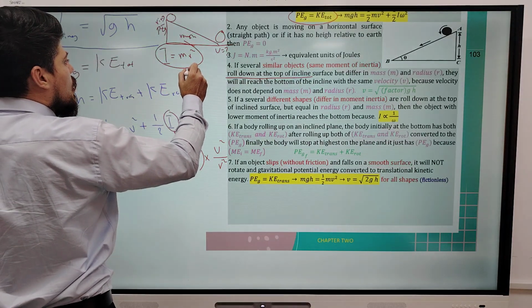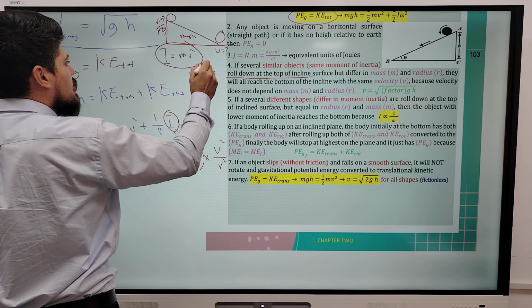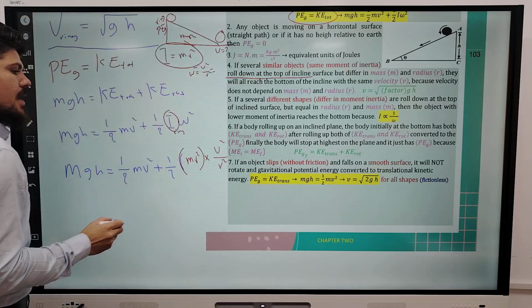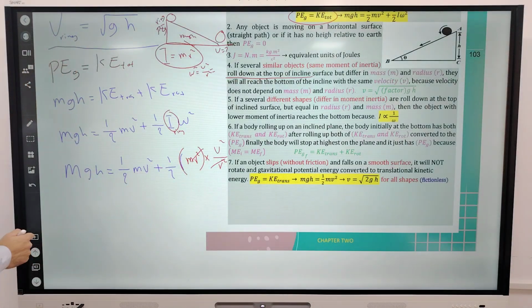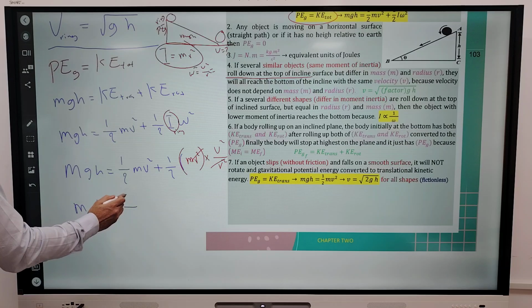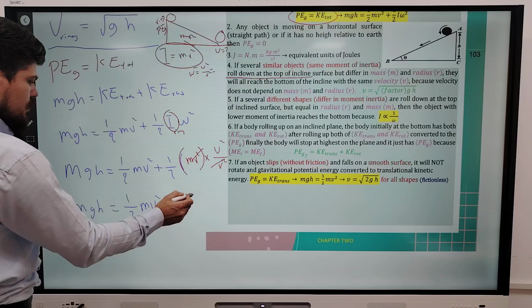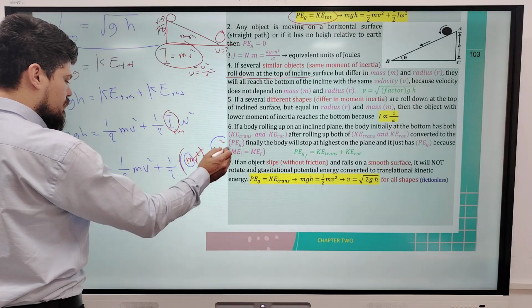Why? Because omega is equal to V over r, so omega squared is V squared over r squared. R squared with r squared cancel. What does remain? mgh equals 1/2 mv squared plus 1/2 mv squared.